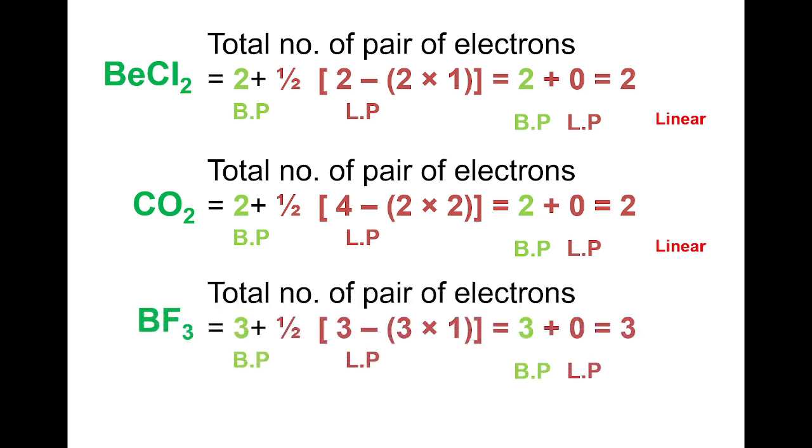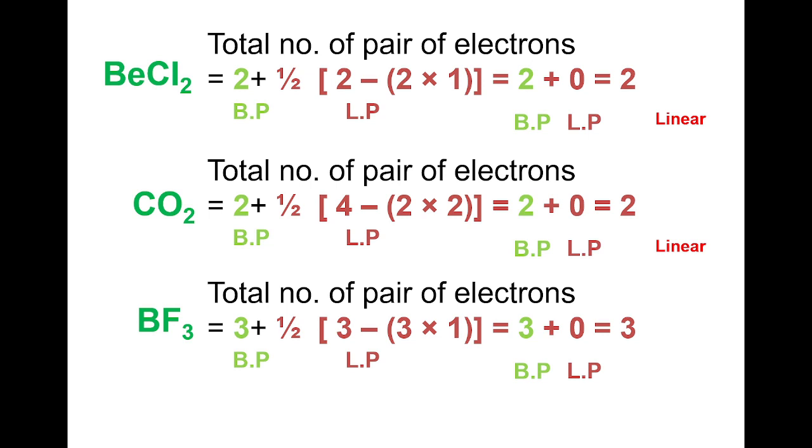If we go to another molecule, BF3, here 3 fluorine atoms surround boron. So boron is the central atom and 3 fluorines are surrounding it. So the number of pairs of electrons is equal to the number of bond pairs.